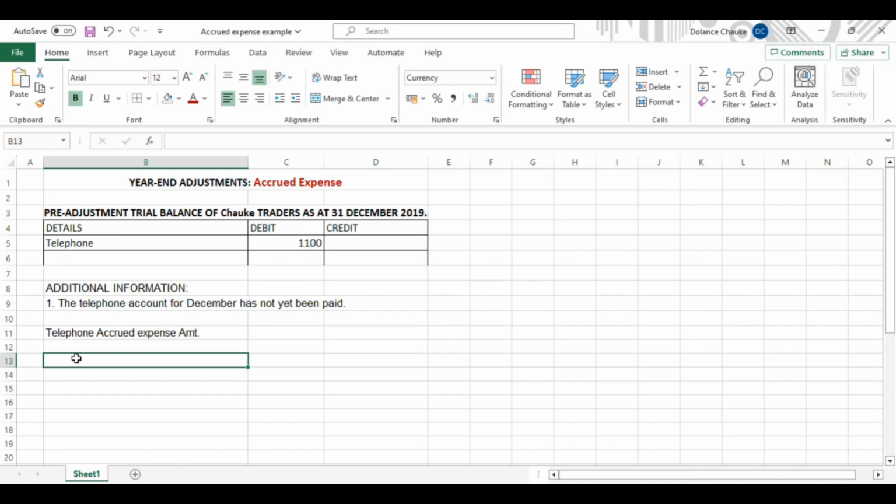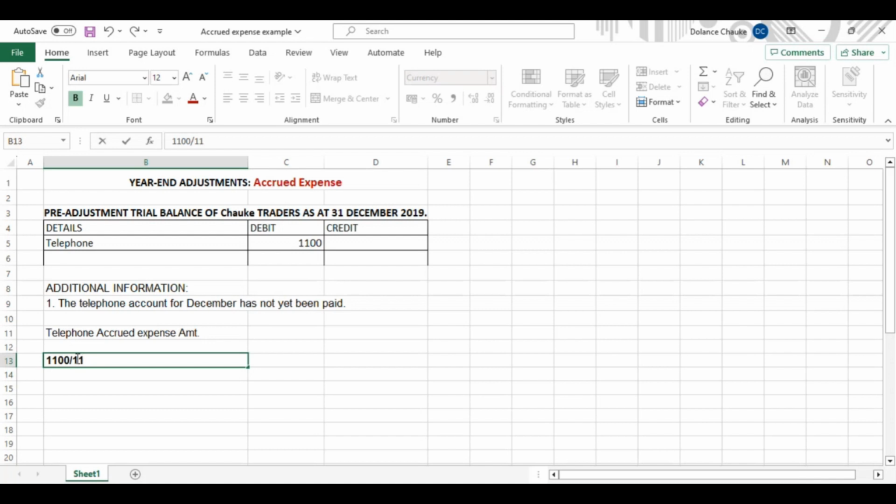So now, in order for us to calculate the accrued expenditure for 1 month, which is the month of December, we are going to say 1,100 divided by 11, because this amount is for 11 months, so that we can get the amount for the 1 month that is missing.